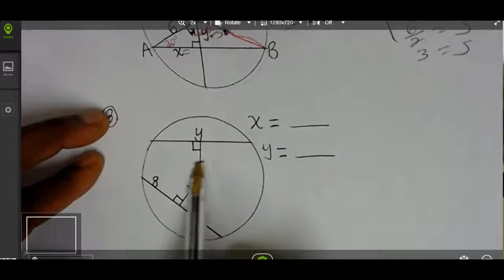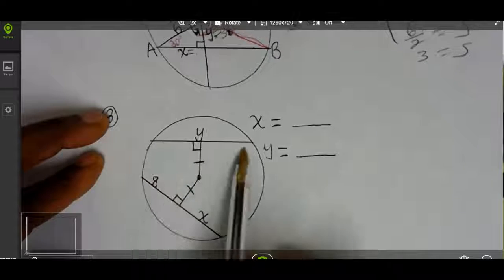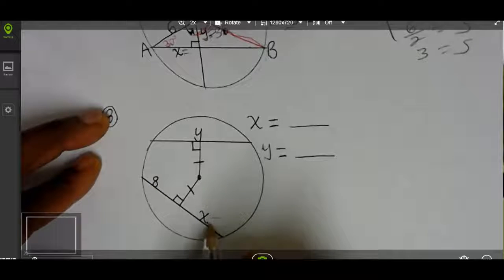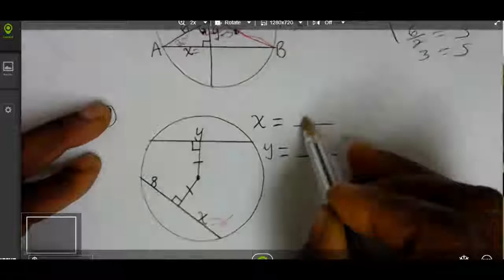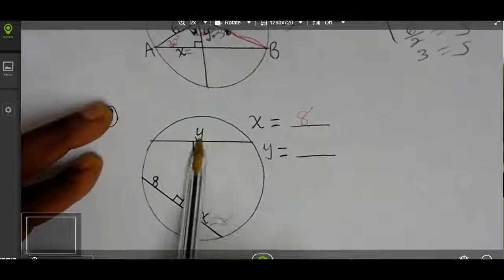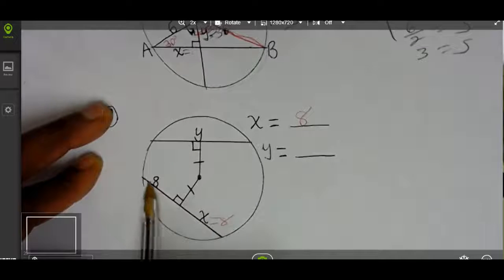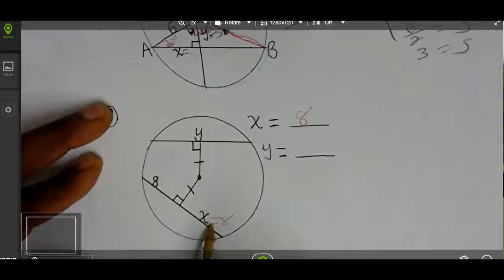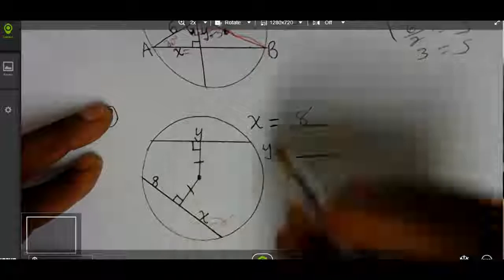So this symbol shows us that these 2 segment distances are equal. Therefore, these 2 chords are equal. And by the way, this is perpendicular to the chord, so it bisects the chord. So if this is 8, x must be 8 as well. So x is 8. And since this bisects the chord also, and this chord is equal to this chord, 8 plus 8 is 16. So y would be 16.